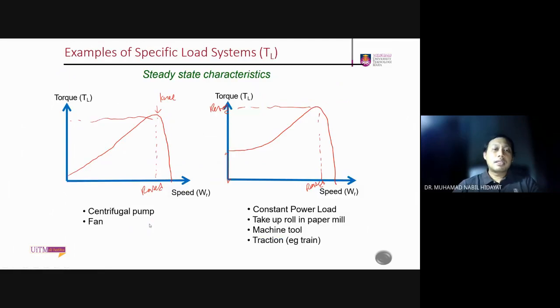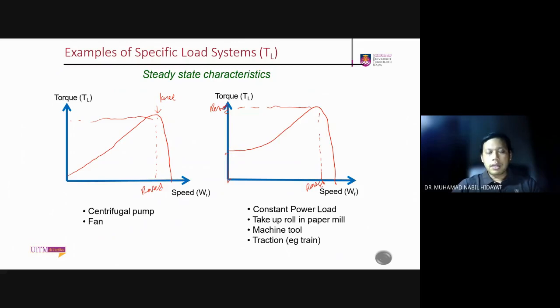And this is an example of a steady state characteristic of the load. Some of the motors are suitable for fan speed, centrifugal pump, where you need the torque to speed ratio to be linear until it reaches the rated torque and rated speed.